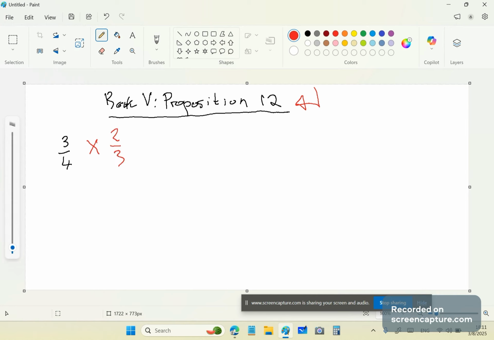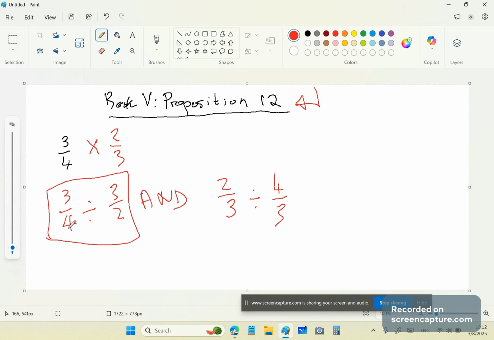That is the same as saying 3/4 divided by 3/2, and 2/3 divided by 4/3. It's the same. So both of these are division problems. And since you know how to do division already, you know how to do the multiplication. All you need to know is how to do addition, and a simple fact about one number measuring another number as a unit.